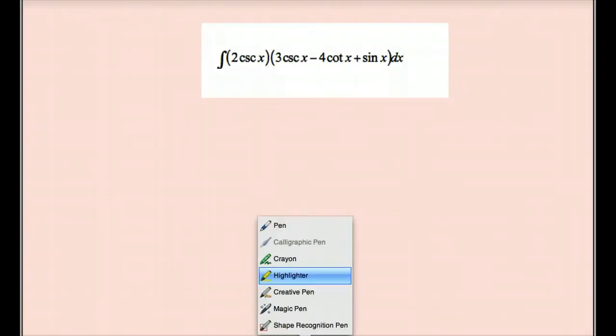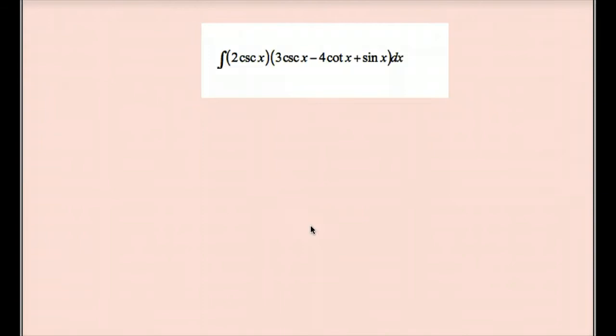You notice I have a set of parentheses here. Just like in basic integrals, I'm going to want to make sure I distribute this. I'm going to distribute this entire 2 cosecant of x to everything in parentheses.